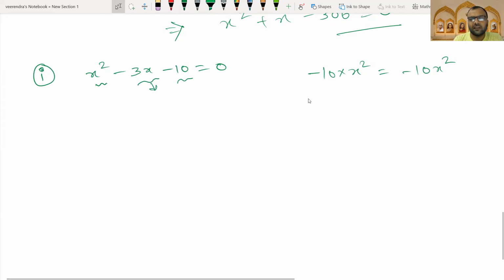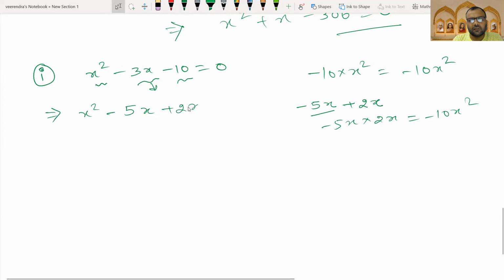So I can write it as minus 5x plus 2x, because the multiplication of minus 5x and 2x is minus 10x square. So after writing it, we have x square minus 5x plus 2x minus 10 is equal to 0.